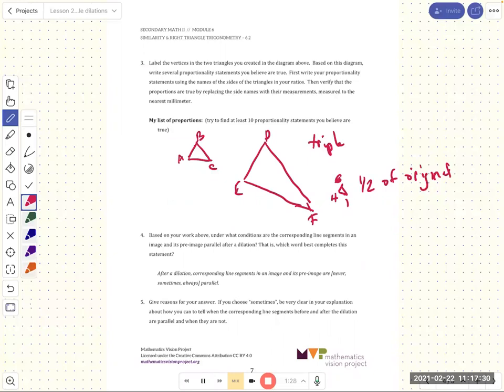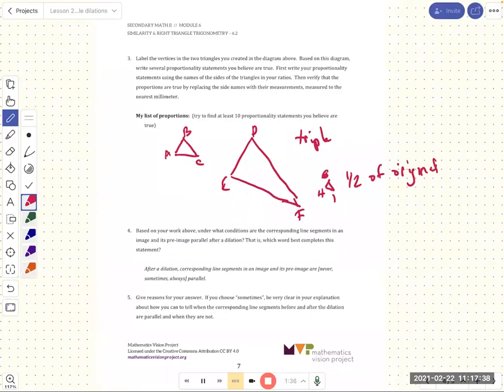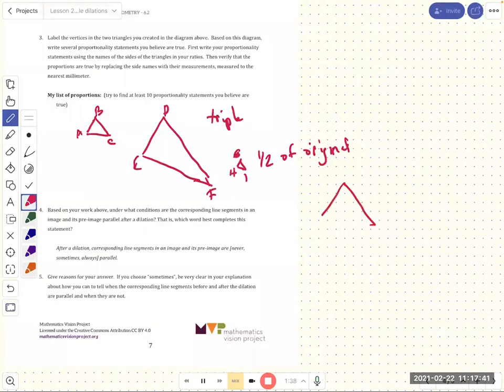And so maybe the first insight that you need is, what's the relationship of DEF to GHI? If you have DEF and you have this tiny little GHI, they're in proportion, but what's the proportion between them?